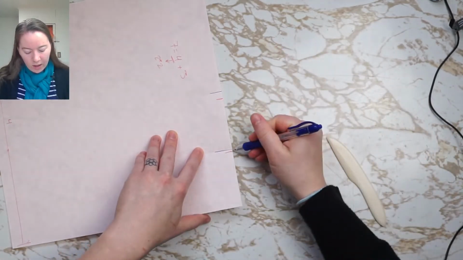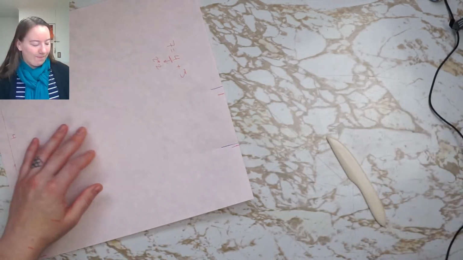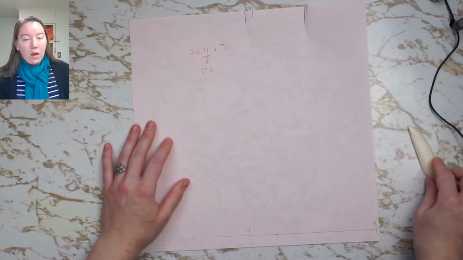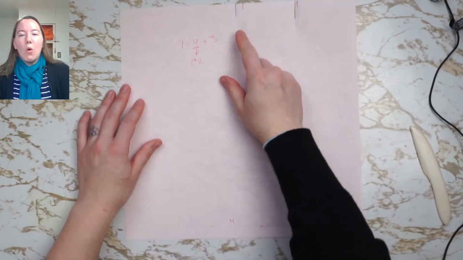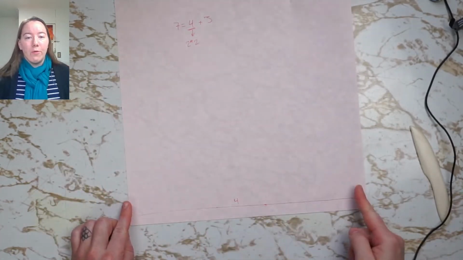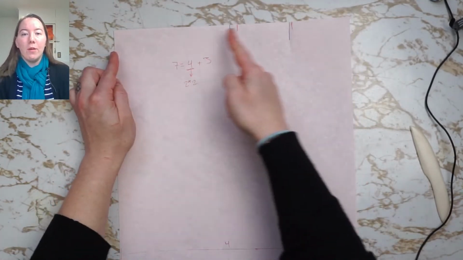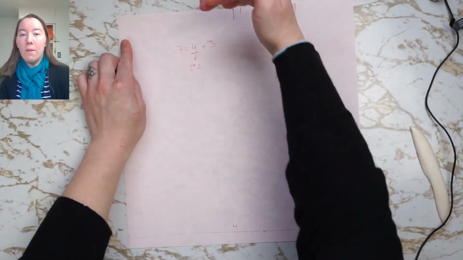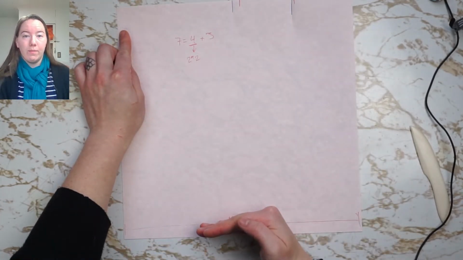Again, this is why we don't guess. And so now we have a measure of 4 and a measure of 3 on parallel lines.